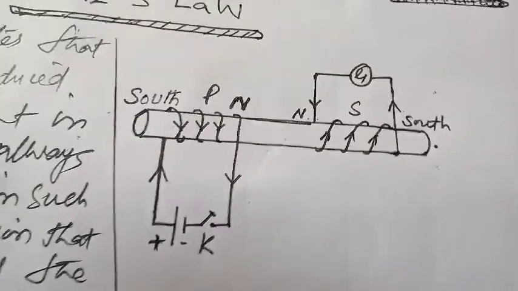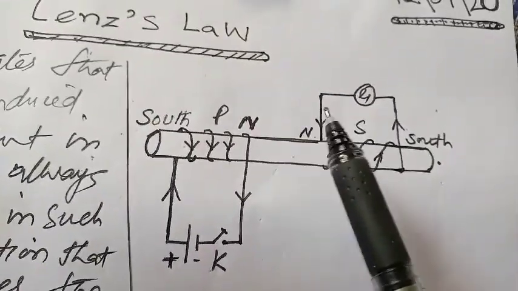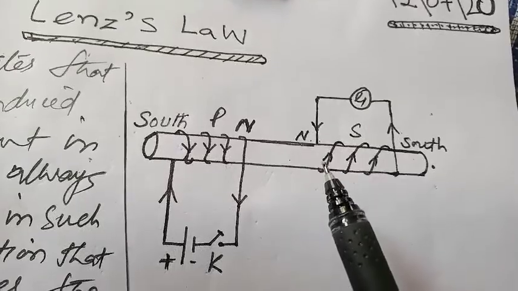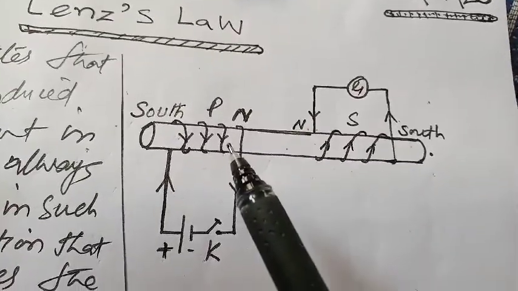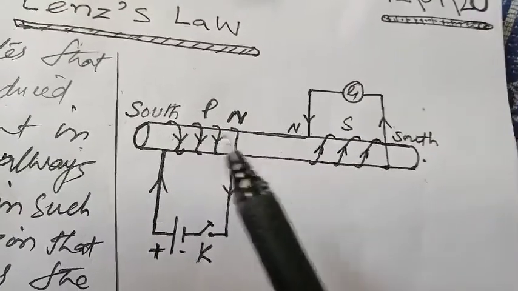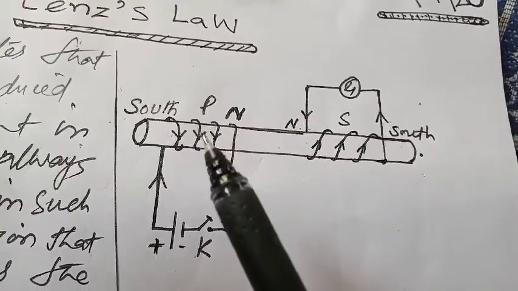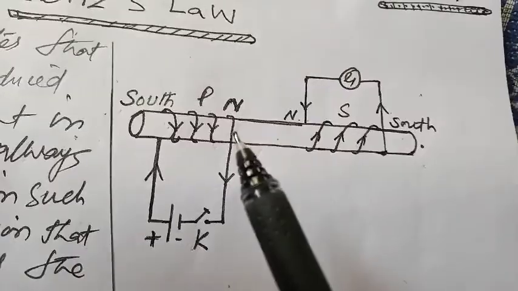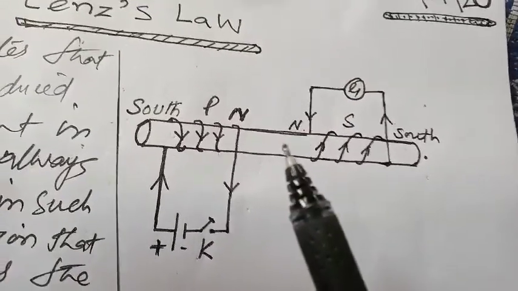Now, as per Lenz's law, the direction of the induced current is such that it opposes the very change that produces it. The change that produces it is the varying magnetic flux.